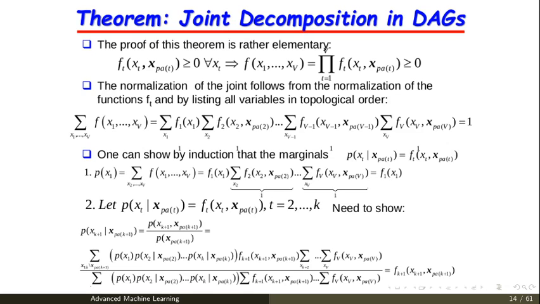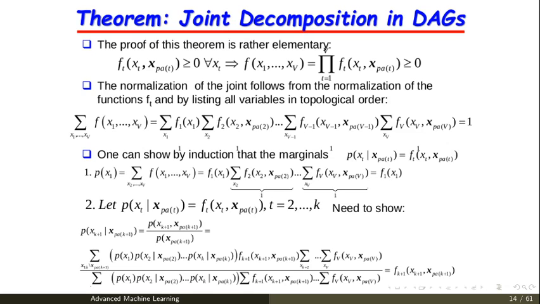I am going to prove this by induction. At t equal to 1, there are no parents, so the proof is very obvious. We have shown that this is true for t equal to 2 to k. Then we need to prove that it is true for t equal to k plus 1.